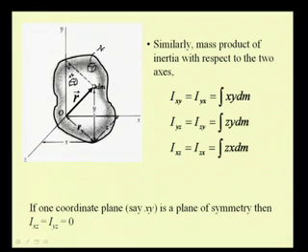So, if a body has a plane of symmetry, say xy, then Ixz and Iyz will be 0, and this can be conveniently used to evaluate the product of inertias.